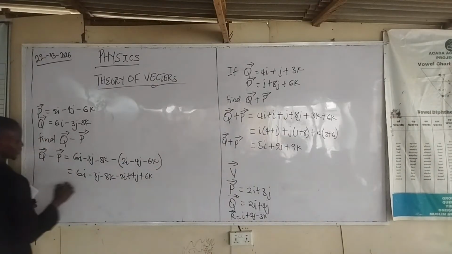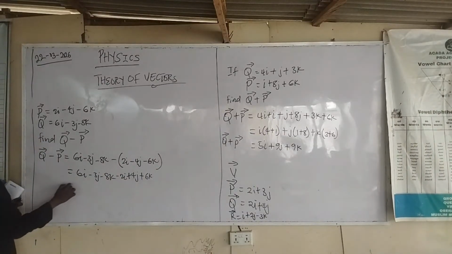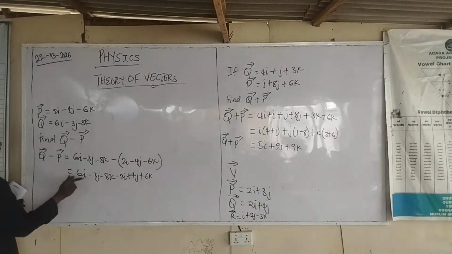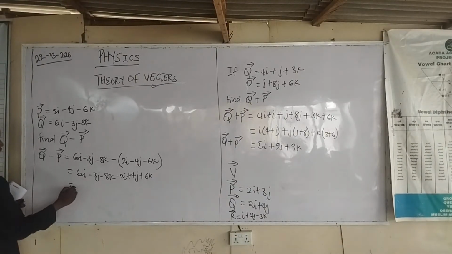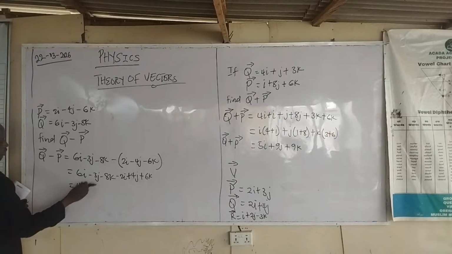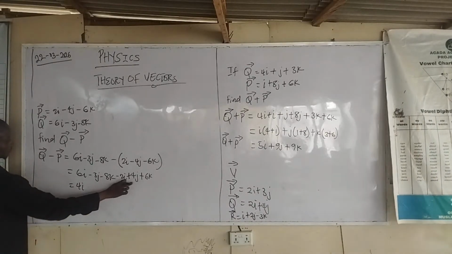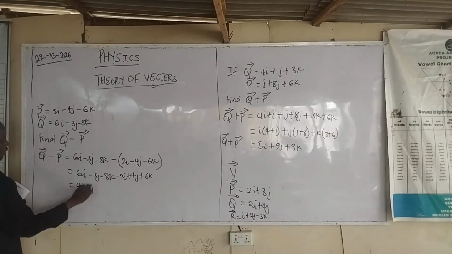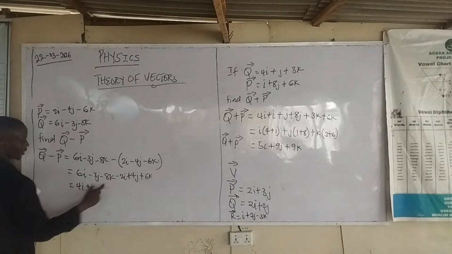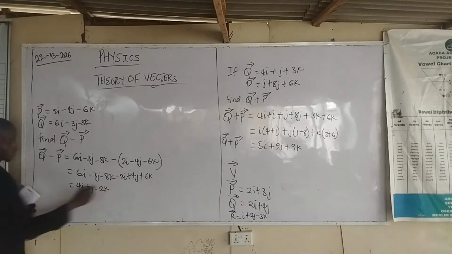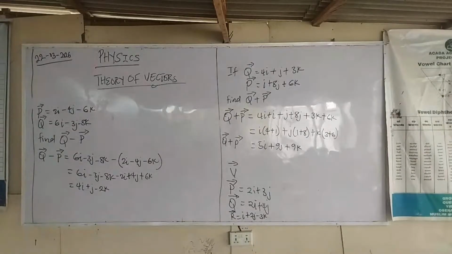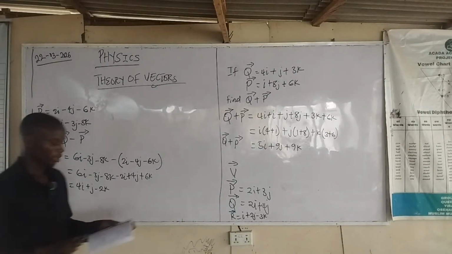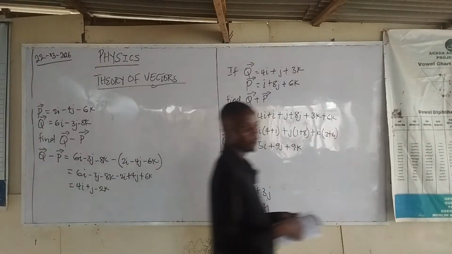So collect items. What do we have? 6i minus 2i, that's 4i. Minus 3j plus 4j, that's plus j, then minus 2k. Do you understand that now? As simple as that. Alright, magnitude of a vector.